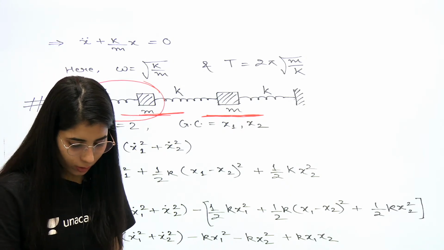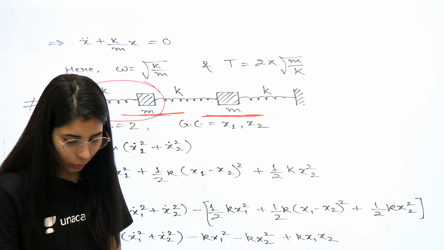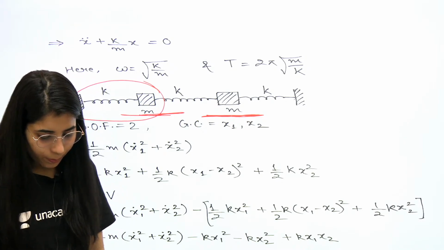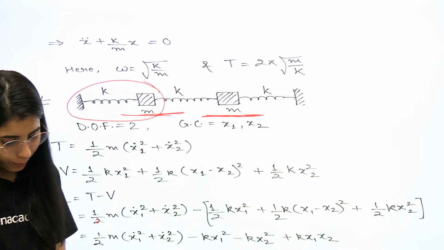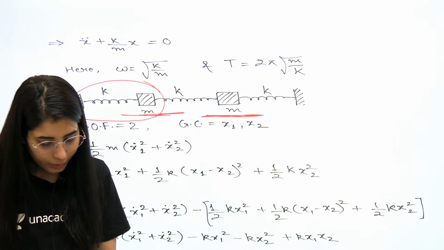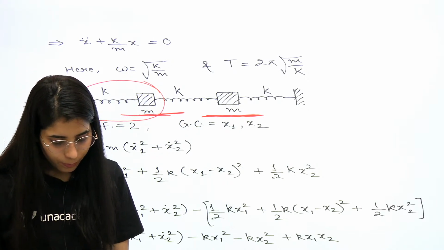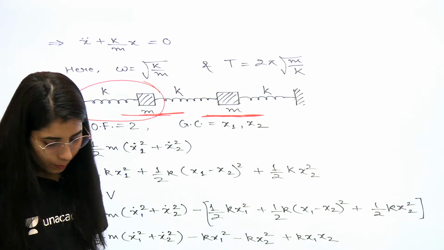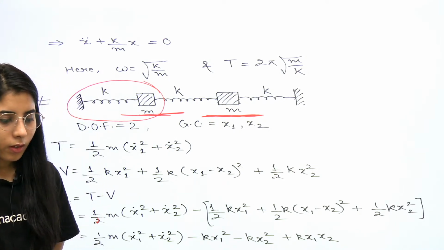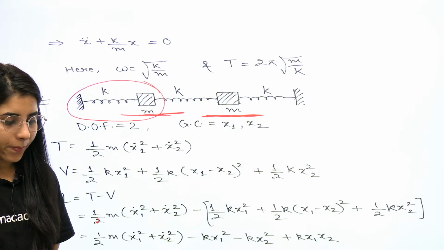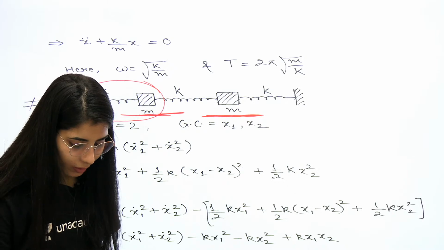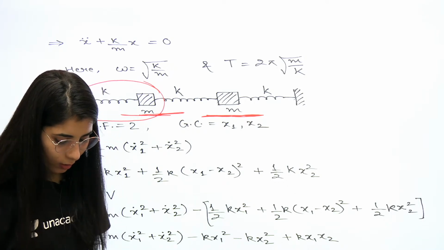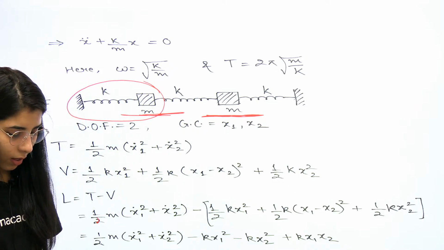Let me know if there is any other point which is not clear to you. Very good, Shavana. Any other point where you are having any doubt? Is it clear?